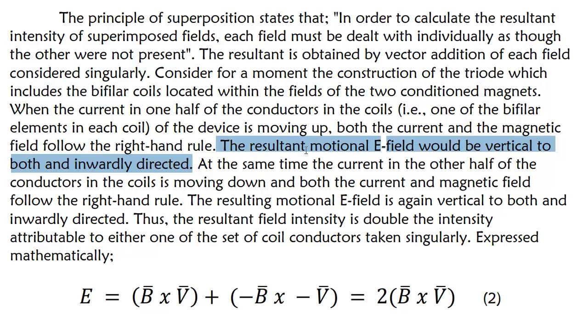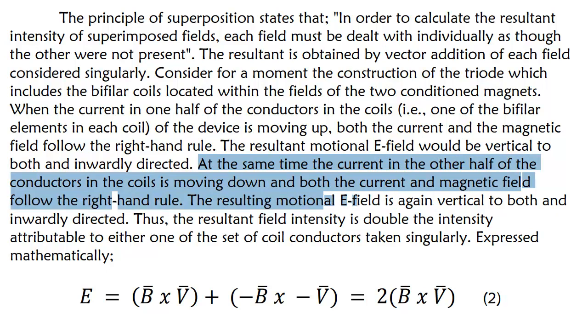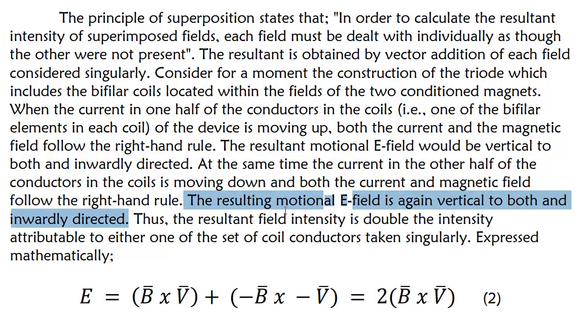At the same time, the current in the other half of the conductors in the coils is moving down. Both the current and the magnetic field follow the right-hand rule. Thus the motional E field again is vertical to both and inwardly directed. We've got arrows again, both inwardly directed, so they're opposing each other.